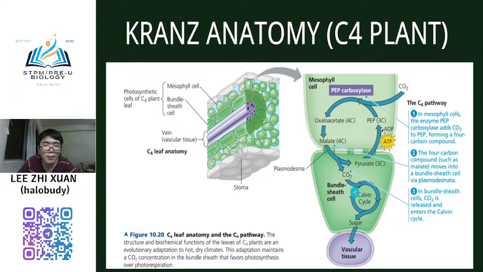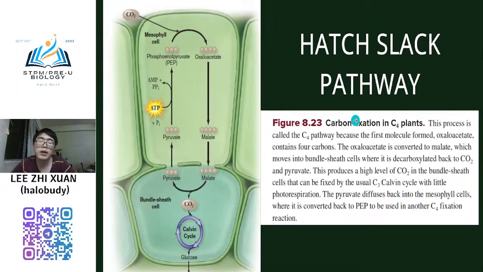Carbon cycle sama je saya cakap tadi, just that it contains another carbon dioxide fixation at the mesophyll cell. So the key difference is it contains 2 carbon dioxide fixation processes, and then the carbon cycle occurs at the bundle sheath cell. For C3 plant, it occurs at the mesophyll cell. And then this lah. Okay. Yang ni pun sama lah.